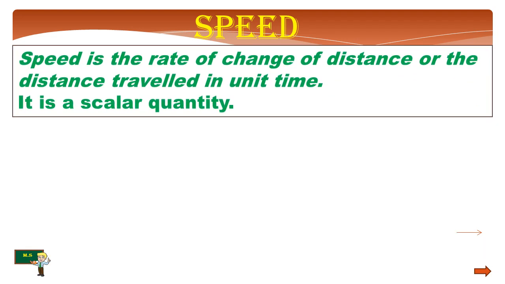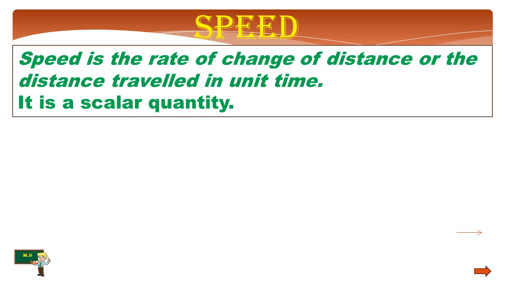A fast moving object has a high speed and covers a relatively large distance in a short amount of time. So, speed is defined as the rate of change of distance, or the distance travelled in unit time.